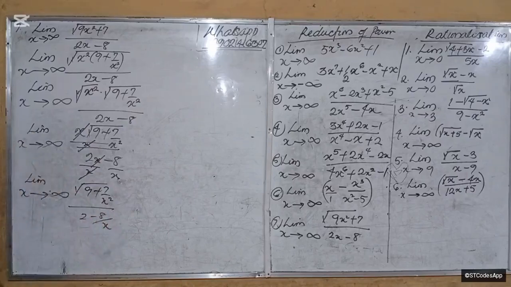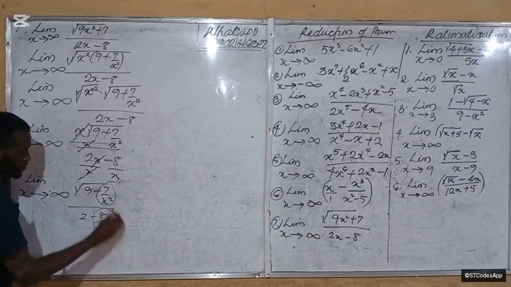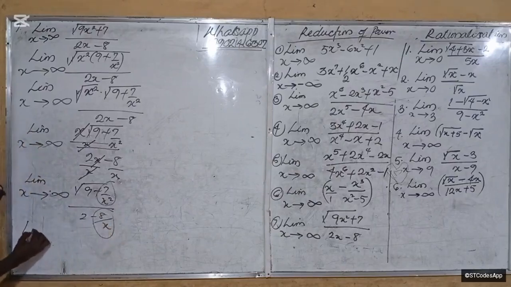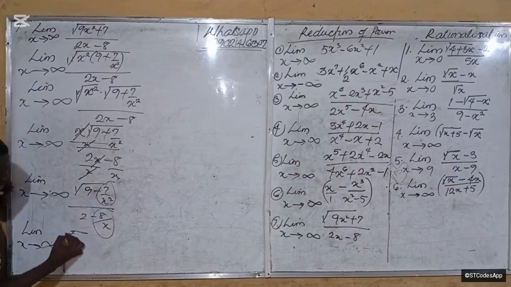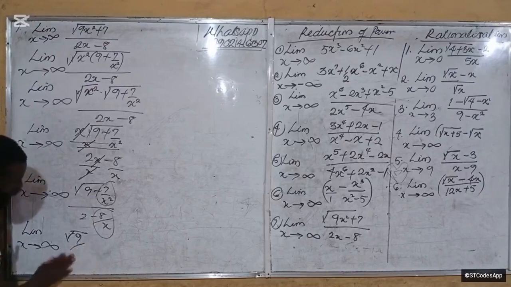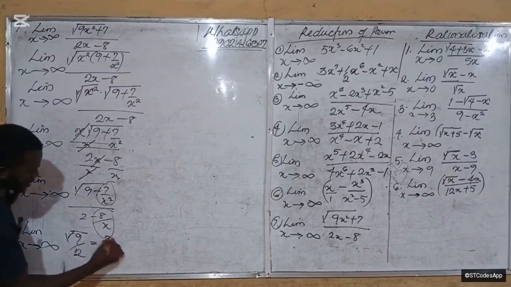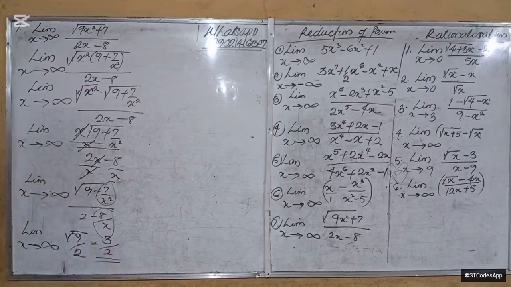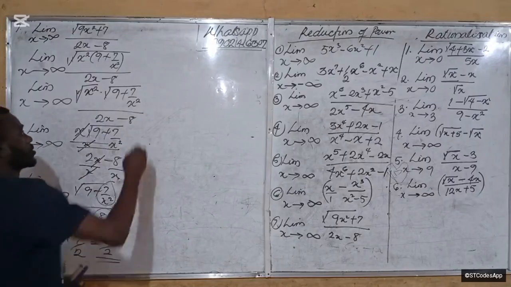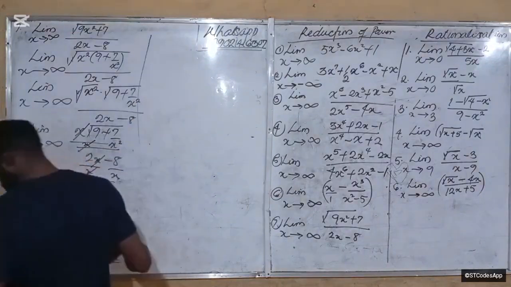If you plug in infinity, this will give you 0, this will give you 0. So the limit becomes root 9 over 2, and root 9 is 3, so the answer is 3 over 2. You see it's not hard at all.